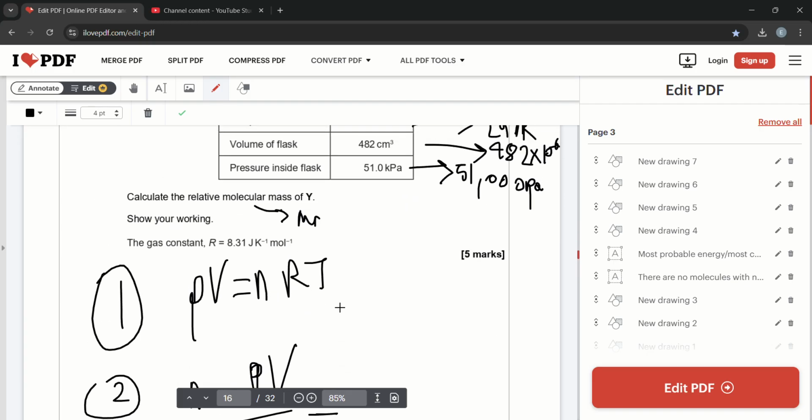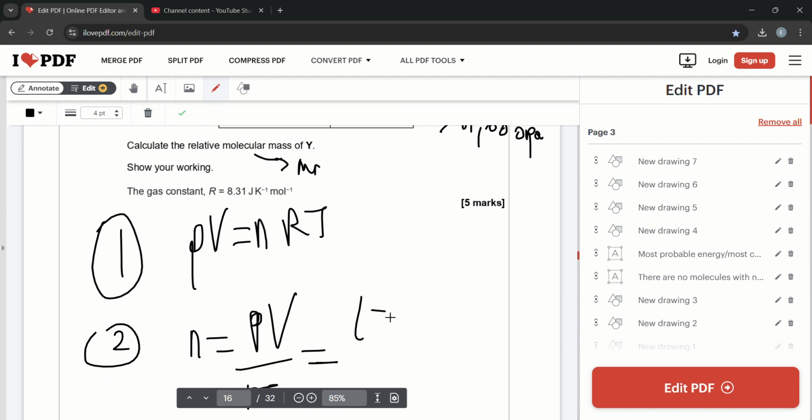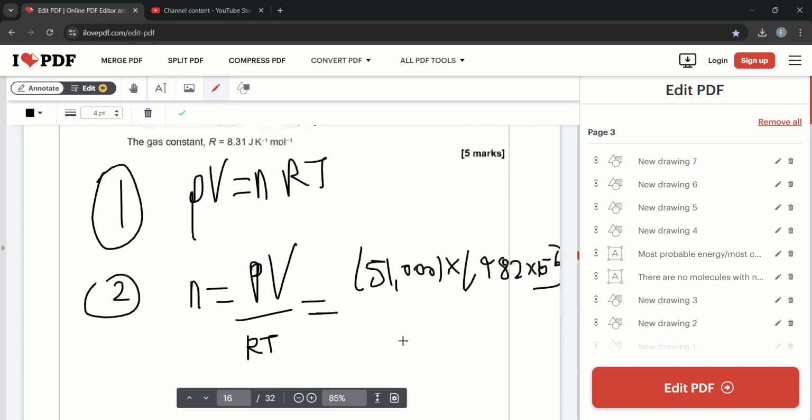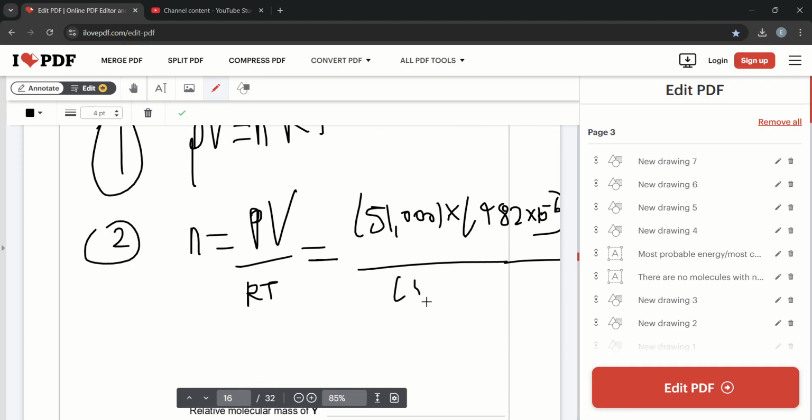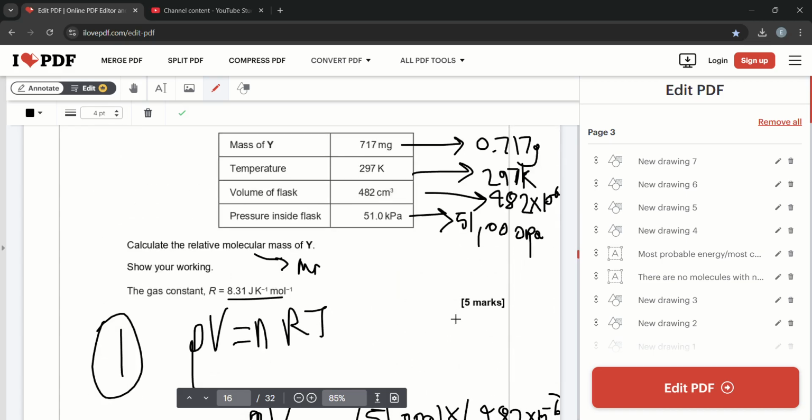Now we've got all these values. Let's substitute them in. So it's going to be pressure 51,000 times the volume divided by a million, so 482 times 10 to the power minus 6, over R, which the question gives us as 8.31, times temperature 297.